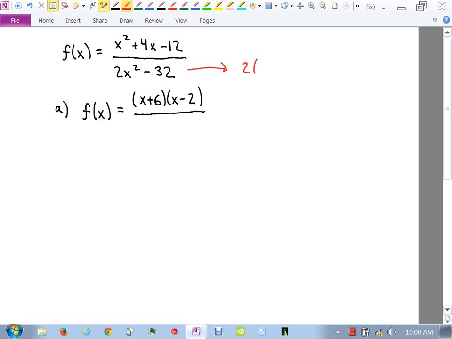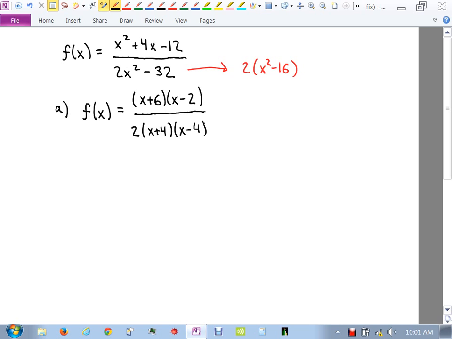Pull out a 2 first. If you pull out a 2 on the bottom, GCF, then the x squared minus 16 is a difference of squares. So I get 2 times x plus 4 times x minus 4. I hope you feel like you could do that. Everyone understand what I did?